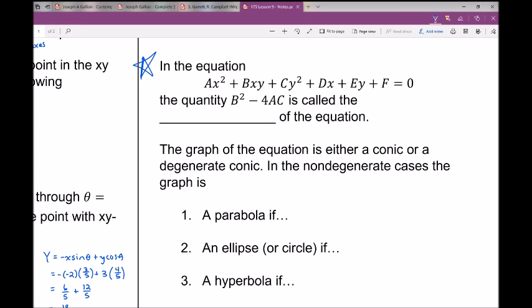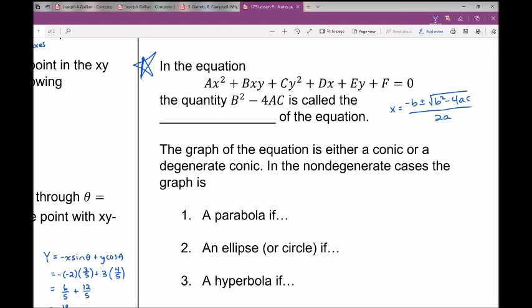And that might sound familiar to you. If you remember the quadratic formula, that's negative b plus or minus the square root of b squared minus 4ac all over 2a. So if you remember doing that back in algebra probably, we use that quantity under the square root to determine how many solutions a quadratic equation has. Okay, and that was called the discriminant of the equation.